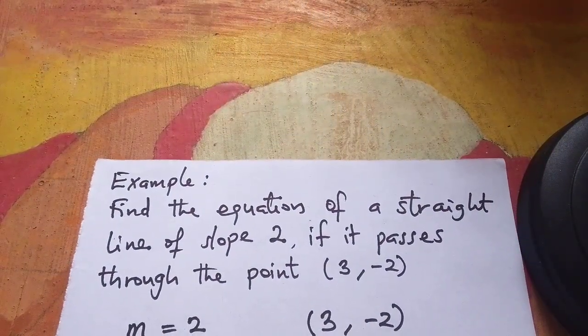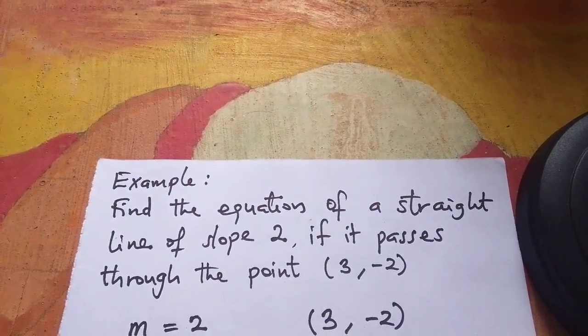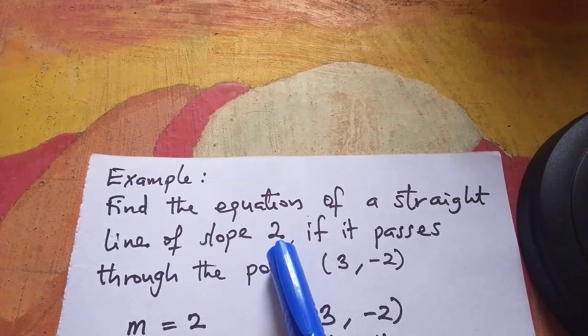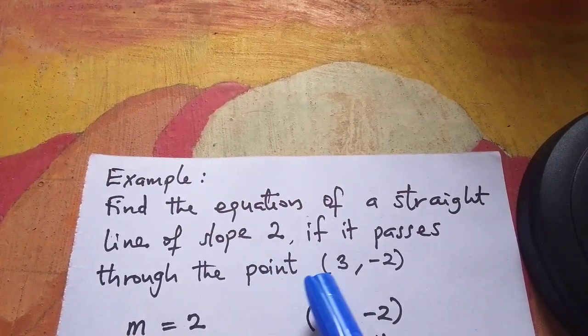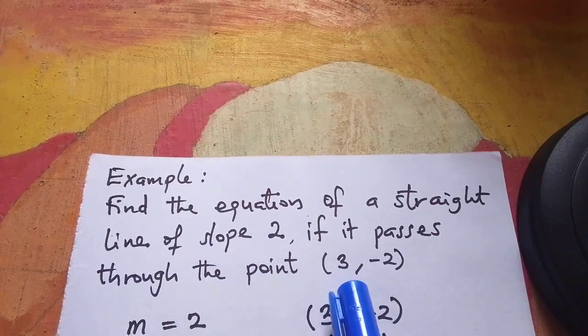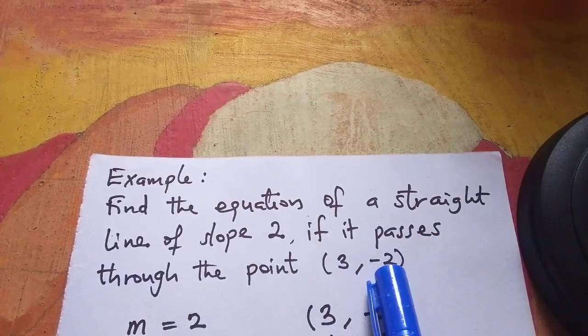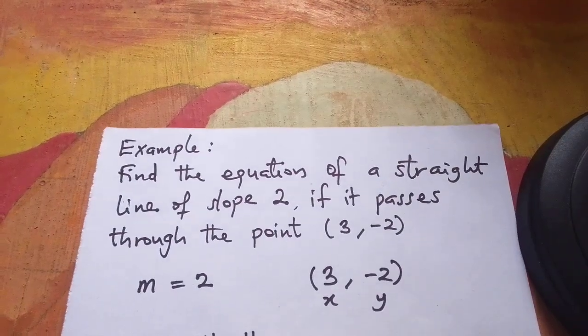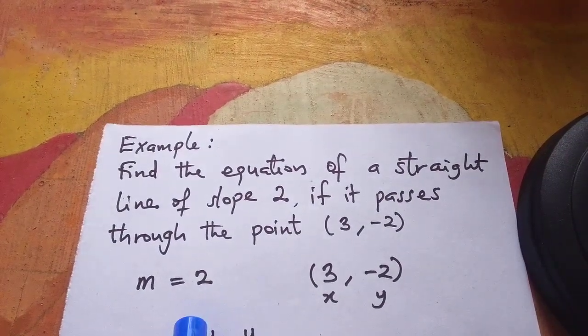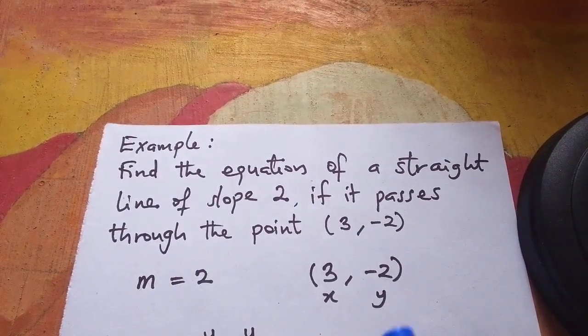Find the equation of a straight line of slope 2. We realize slope is the same thing as gradient. Slope 2, if it passes through the point (3, -2), x is 3, y is -2. Now, we are given the gradient, that is our m, and this point.